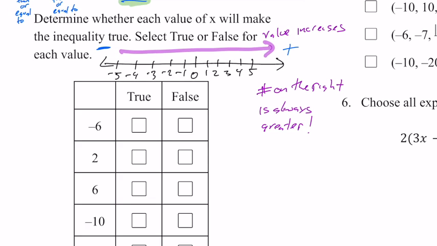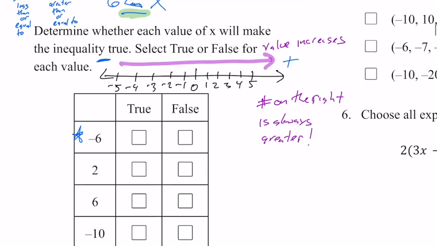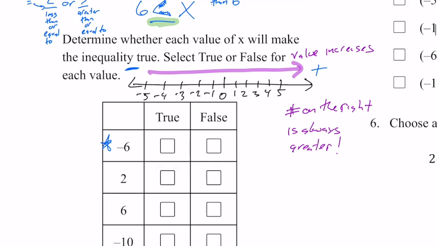So let's do one at a time. Let's start with -6. My original one was 6 less than or equal to -6. Is -6 bigger or equal? We might think yeah, it's equal because they're both 6.